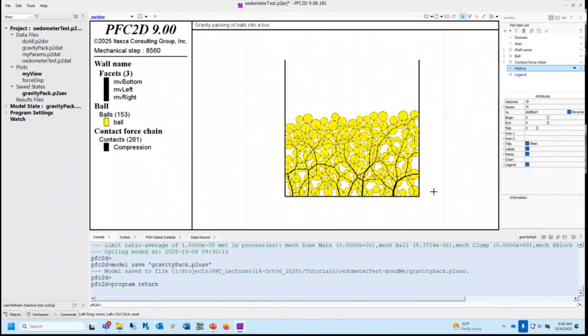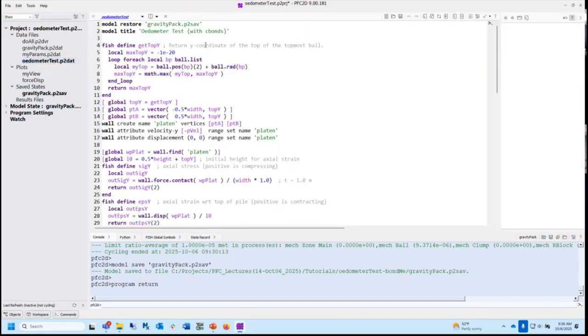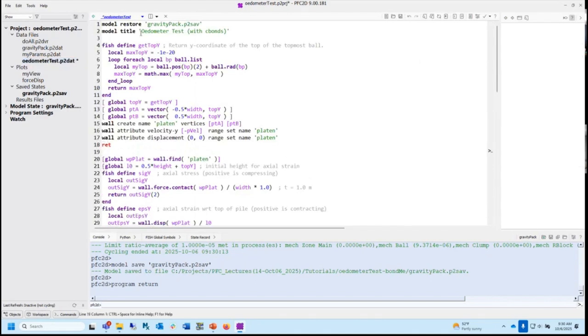And then we're done, and we made a save file, gravity pack, right? And then we run this odometer test case, and let's just stop part way. What we did is we restored the gravity pack, and then we created a wall at the top. Let's just do that.